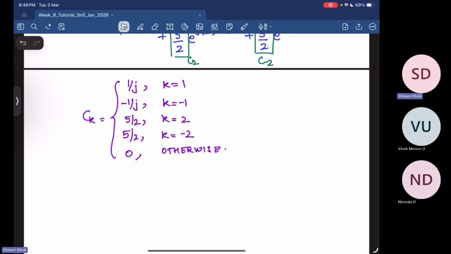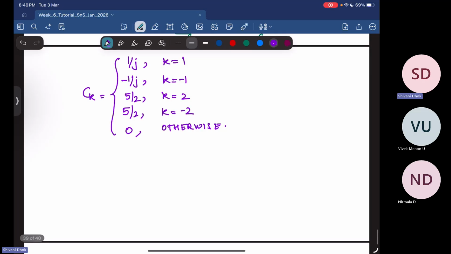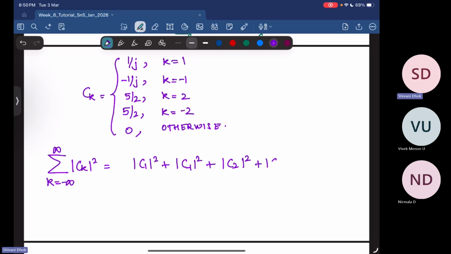So now using this particular Ck, whatever we have found, we can find out summation k running from minus infinity to infinity, magnitude of Ck square. Now this Ck is non-zero only for 4 values of k, so I can write this as magnitude of C1 square plus magnitude of C of minus 1 square plus magnitude of C2 square plus magnitude of C of minus 2 square.